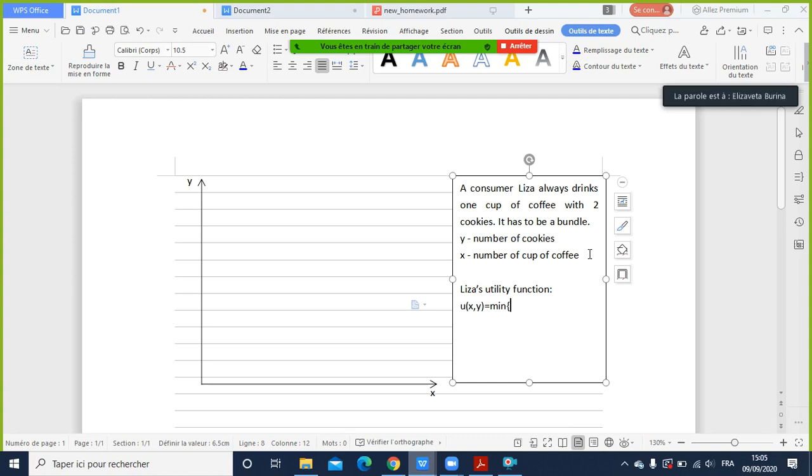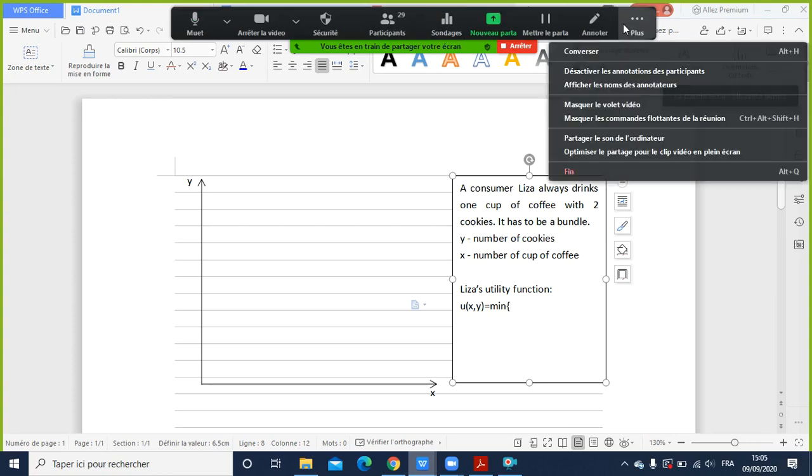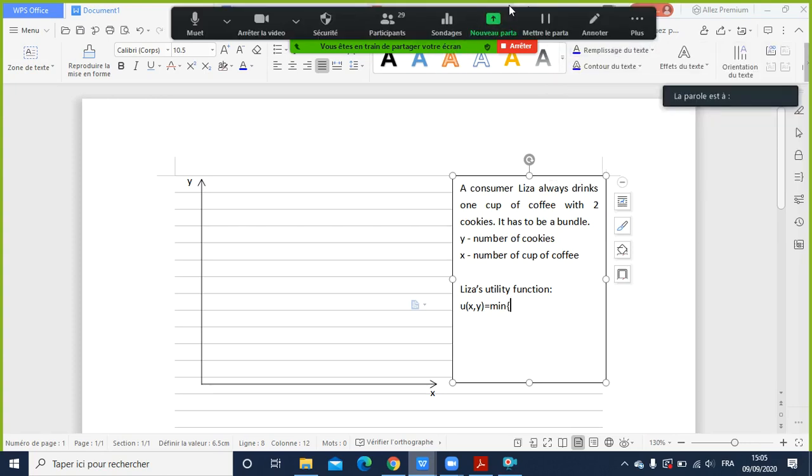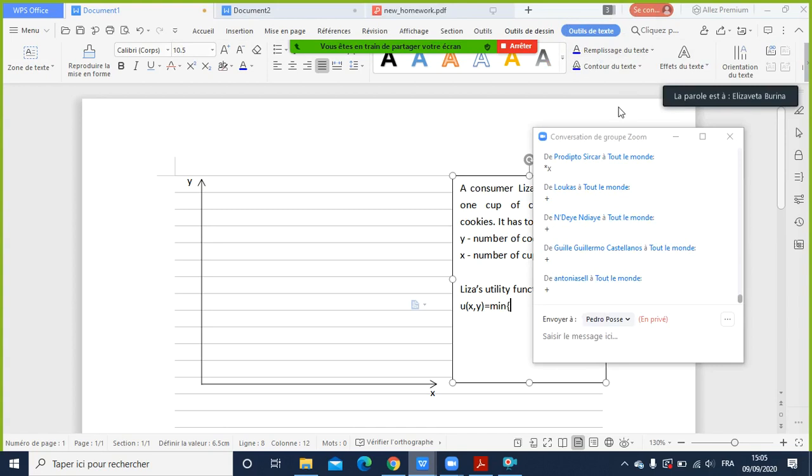A minimum of what? 2y and x or 2x and y? Please type me your options. Who thinks what?